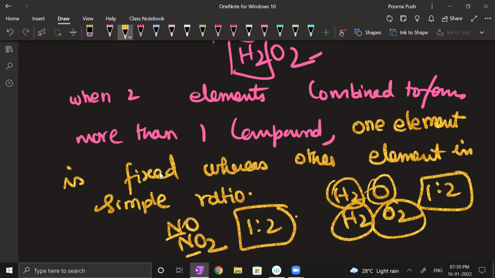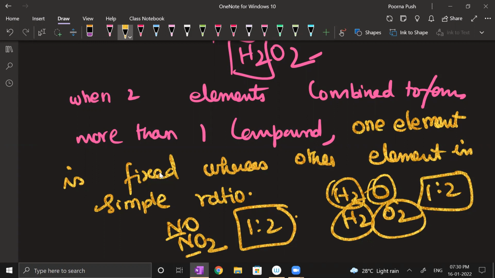This is called what, ma'am? Law of multiple proportion. When two elements combine to form more than one compound, where one element is kept fixed, the other element will be in simple ratio. Any doubts you can ask me.